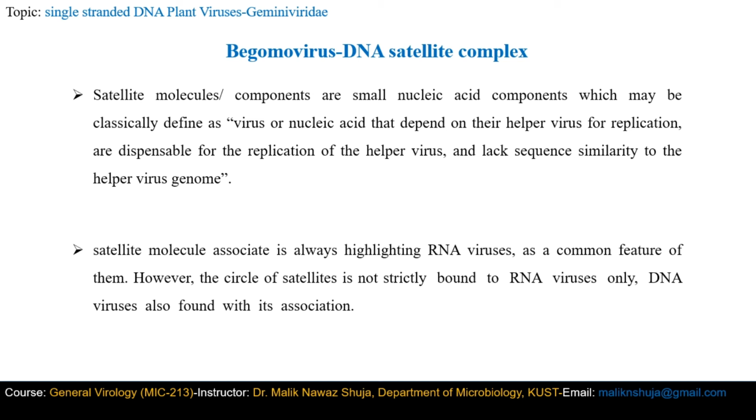So satellites are small nucleic acid components which may be classically defined as a virus or nucleic acid that depends on its helper virus for replication, is dispensable for replication of the helper virus, and lacks sequence similarity or identity to its helper virus when we are talking about genomic similarity. So the genome of satellites is totally different from the helper virus.